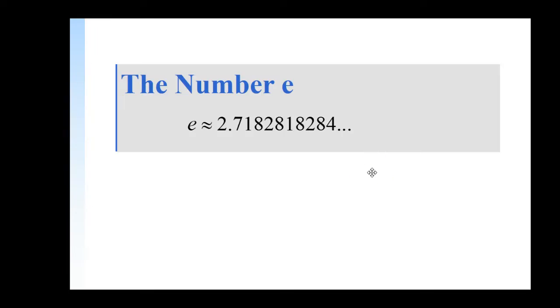We say natural logs are built around the letter e. Now, the letter e has a numerical value. If you look at your textbook, they give you the derivation of this, but what we usually do is round this off to 4 decimal places.